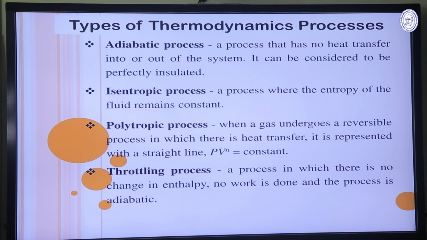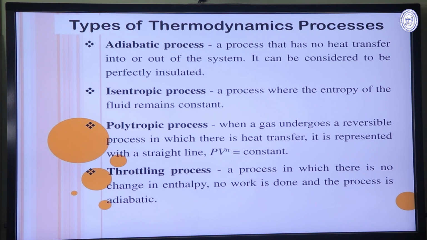Now, adiabatic process. What is this adiabatic? Adiabatic means there is no heat transfer or heat exchange. There is no change of heat. So, such a process has no heat transfer into or out of the system. It can be considered as a perfectly insulated system where there is no exchange of heat energy.